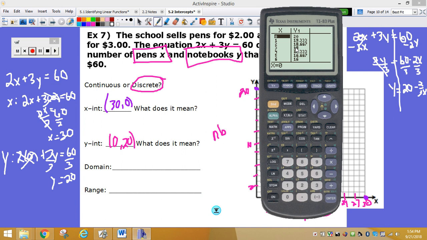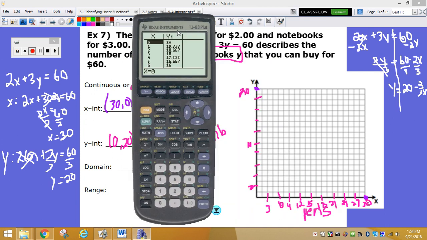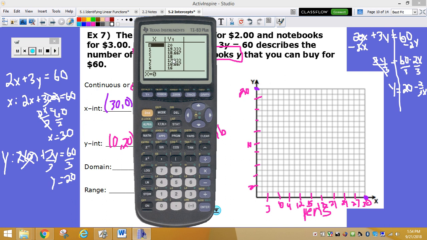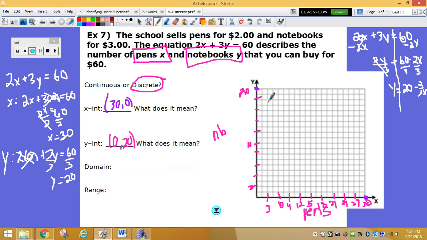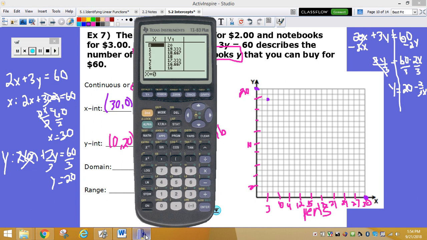And we're only going to do whole numbers, right? Because can we have 19.3 notebooks? No, we cannot. So I'm going to put a dot at 3, 18. So at 3, 18, I'm going to have a dot here. Oh, I need to get color. I'm going to scroll on down.